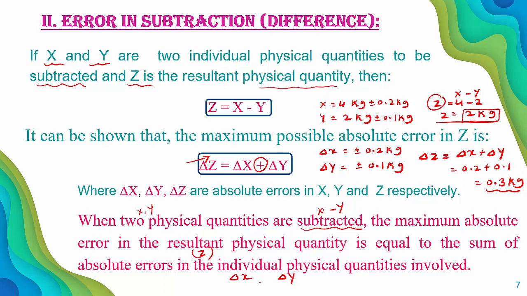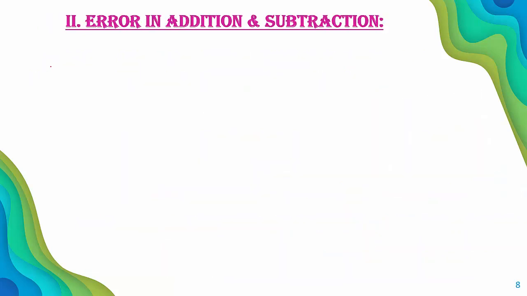So delta z equal to delta x plus delta y. This is all about error in subtraction. Now I will give you some examples to understand error in addition and error in subtraction. Remember, whether the operation is addition or subtraction, absolute errors are always added.